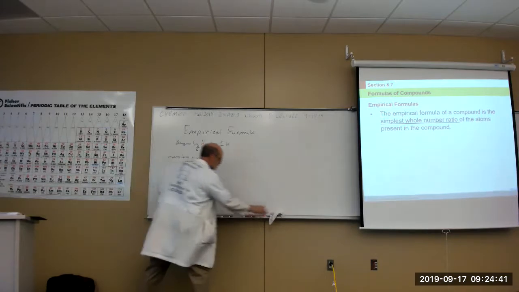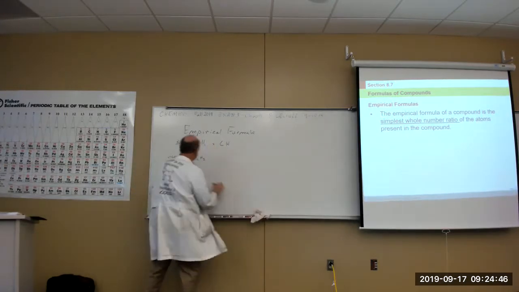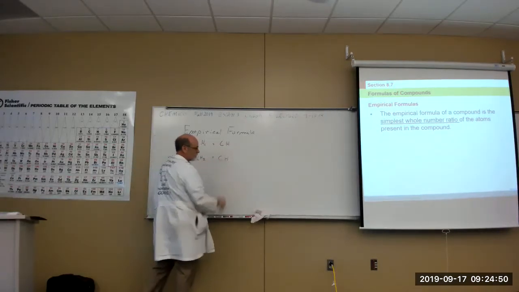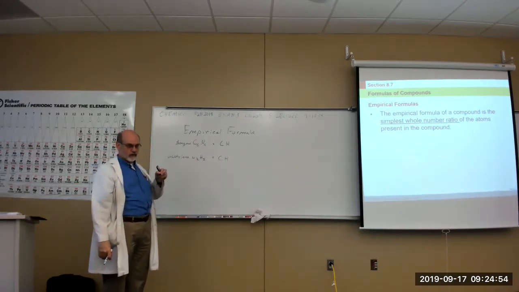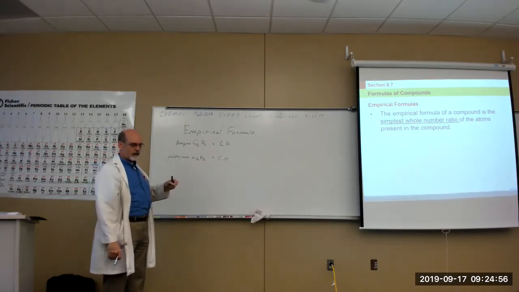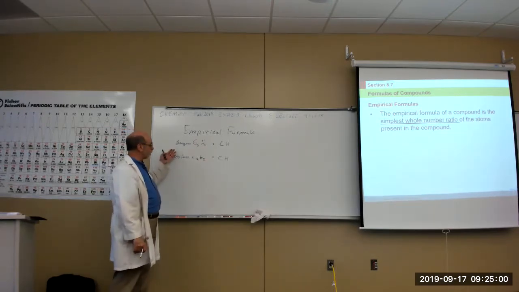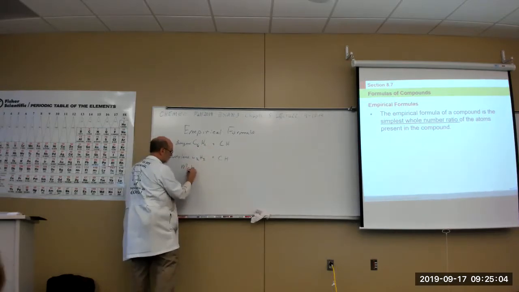But they have the same empirical formula simply because if we divide this one through by 2, we get the same value. It's the simplest whole number ratio of elements in a compound. So they have the same empirical formula, but they have different molecular formulas.